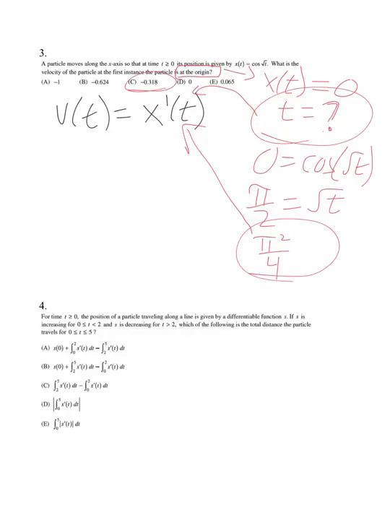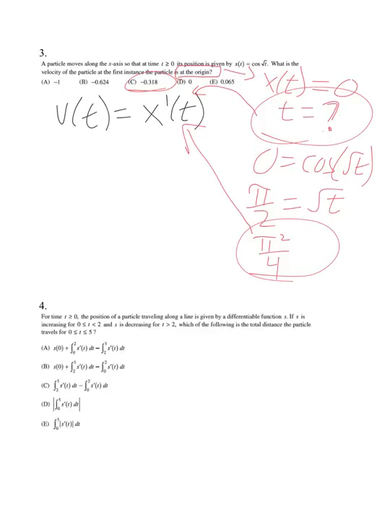All right, number 4, in this case, they've given us the position function, or at least they've told us. They didn't actually give us the equation, but they said that S is the position. And then they want to know about the total distance traveled.